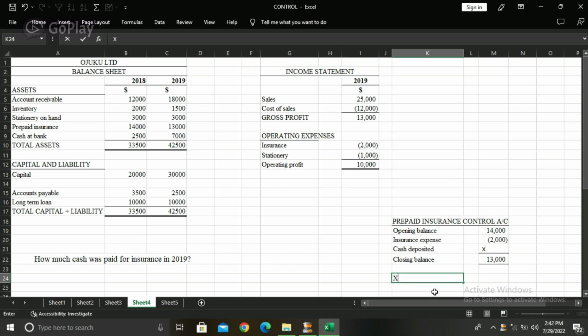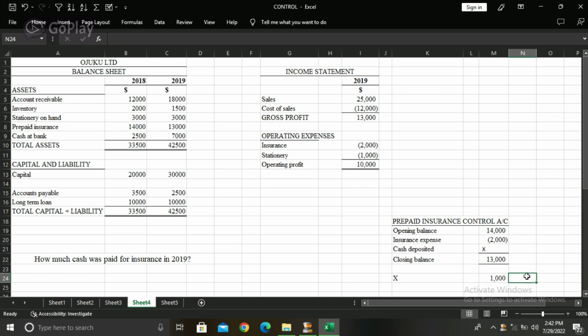So in this case, to know the amount of money paid for insurance, mathematically it will be 14,000 minus 2,000 plus X equal to 13,000. Looking at it logically, I can see that during the year, the amount of money that we deposited with the insurance company was $1,000.